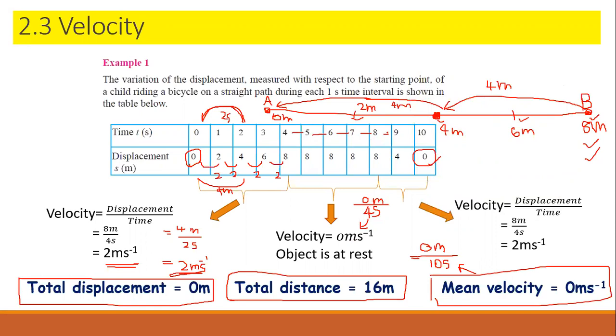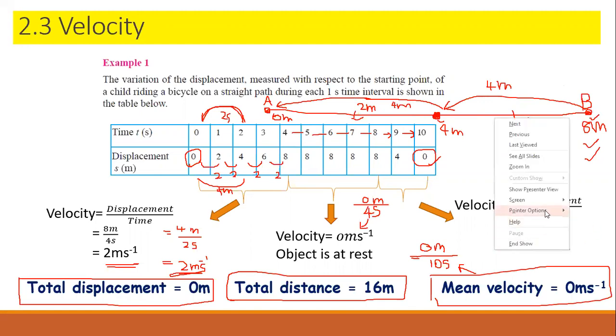Here, again, 1 second, 2 seconds. Within those 2 seconds, he has traveled 8 meters. 8 meters, that is the length of this path, the displacement from A to B. But the length he has traveled is 8 meters back again. So 8 meters divided by 4 seconds here.